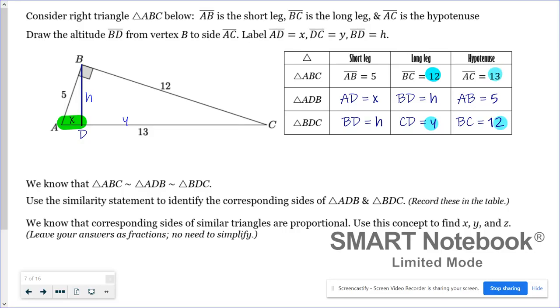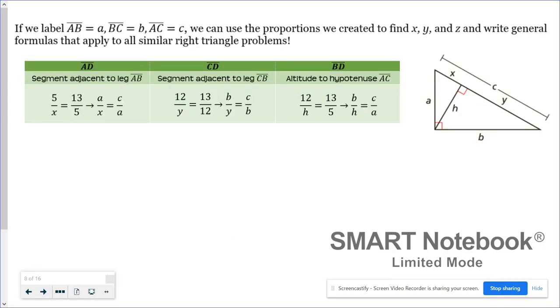So once again, you came up with a relationship relating a leg to the hypotenuse using the segment adjacent to the leg, and that would be these here. Both of these proportions are relating the hypotenuse of the main right triangle, a leg of the main right triangle, and the segment adjacent to the leg.